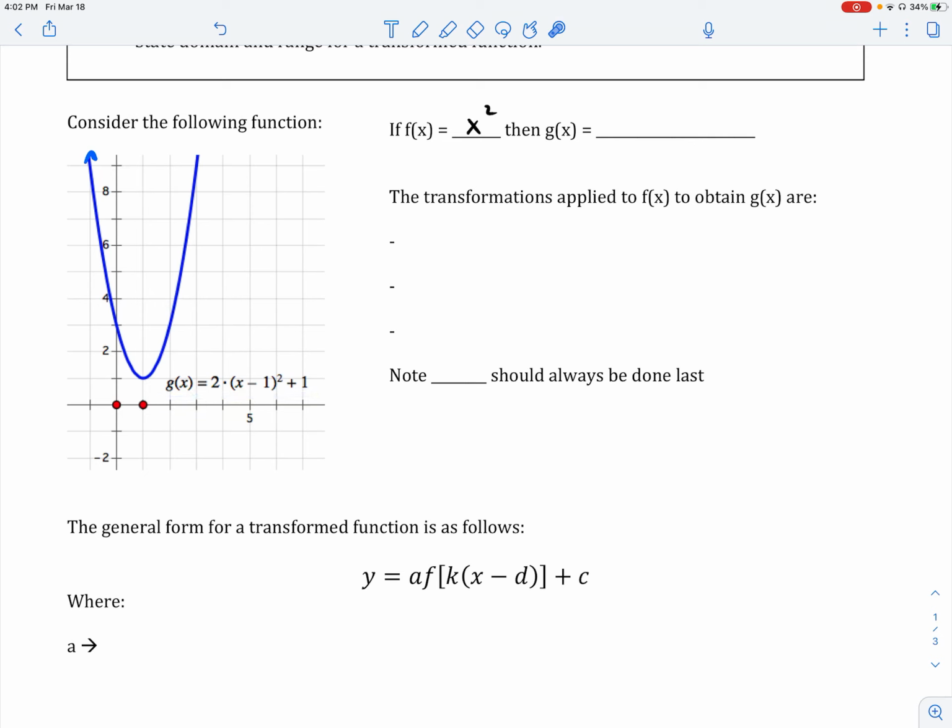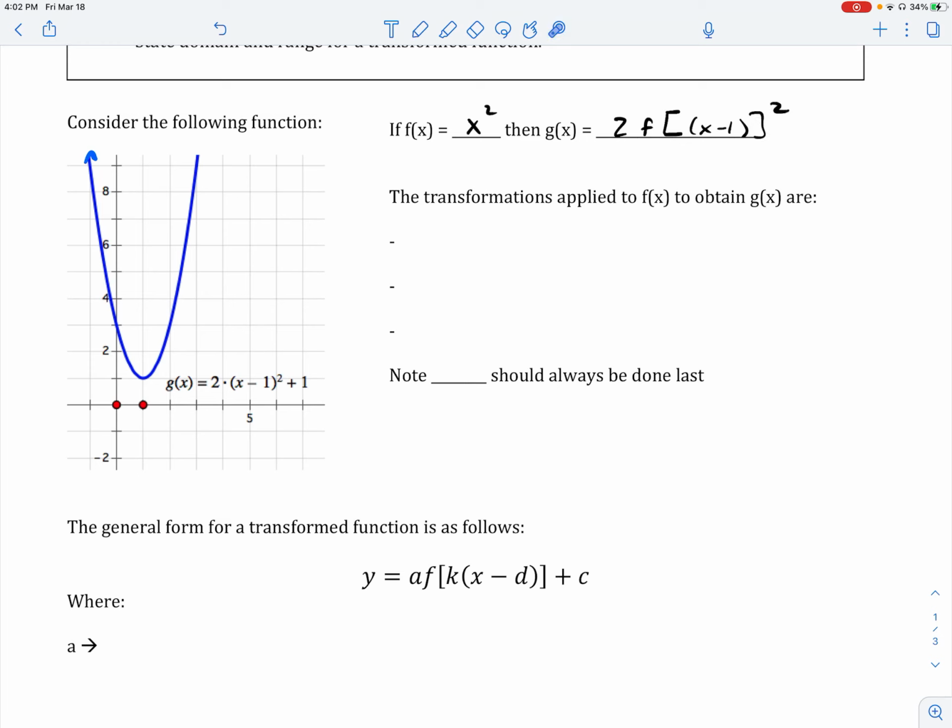Okay, so let's get this started. In order to get this equation, I'm going to have to take f of x and first multiply it by 2. So I'm going to have 2 times f, and now here I'm going to do a square bracket. The reason why I'm doing that is because my x has to switch to x minus 1. So I'll have x minus 1, close it up, squared.